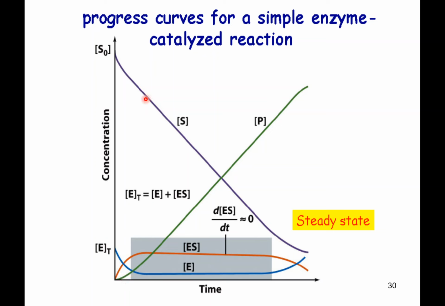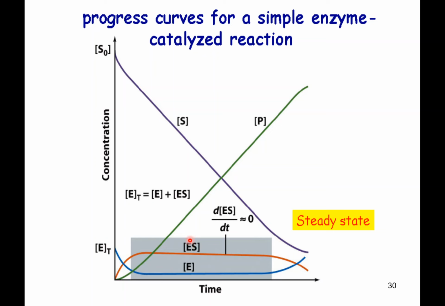The substrate starts to decrease linearly, the product increases linearly, and what happens here with the enzyme substrate complex and the enzyme concentration is they reach what's known as steady state, so they're not really changing very much at all. This is what we talk about when we talk about steady state kinetics.